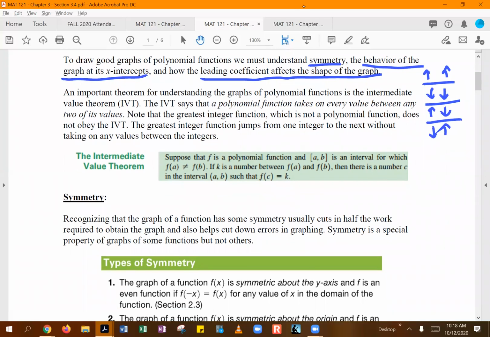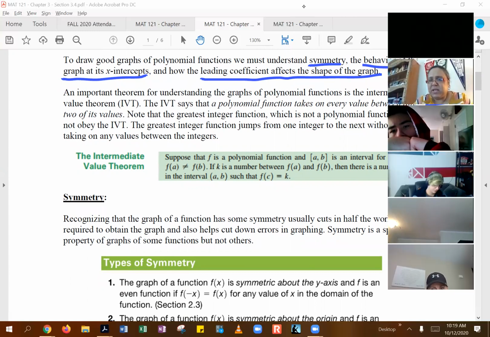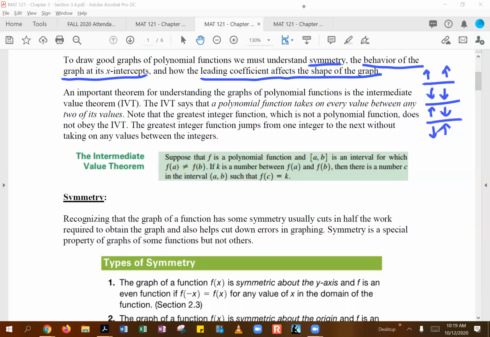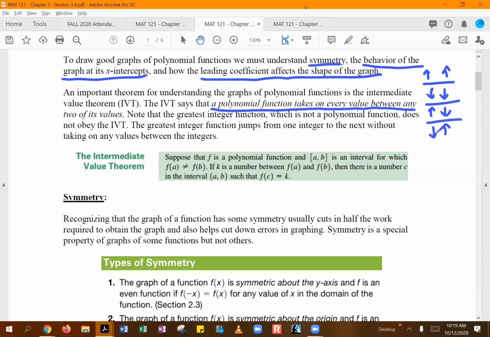The other thing that helps with graphs of functions that we can't really imagine the shapes of, because we don't often see these graphs, is the intermediate value theorem, which really comes in handy. Basically, the intermediate value theorem says that a polynomial function takes on every value between two of its values.